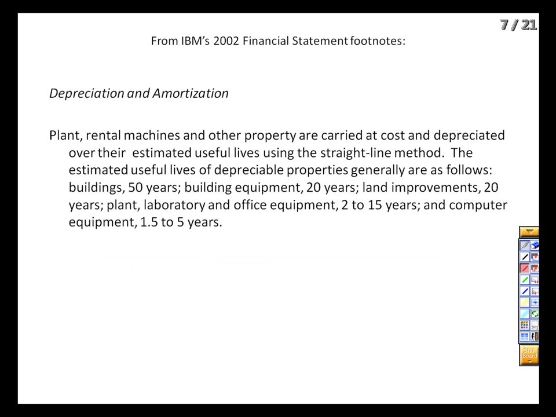We can also look at a specific footnote. This one comes from IBM's 2002 financial statements. We can see that they tell us what method they use, and we'll talk about methods in just a moment or two. They use 50 years for their buildings, 20 years for their building equipment, 20 years for their land improvements. Their plant, laboratory, and office equipment can go anywhere from 2 years to 15 years, and computer equipment anywhere from 1.5 to 5.